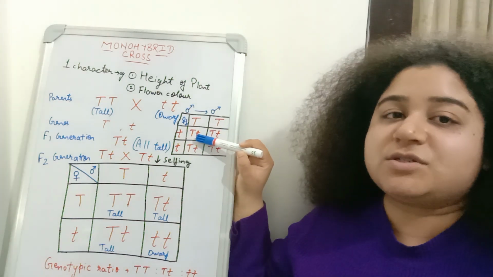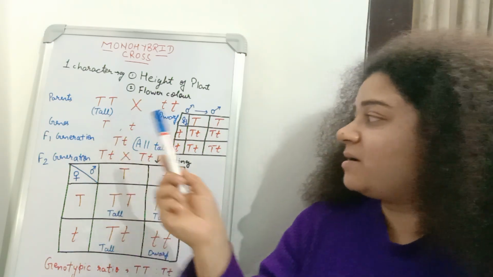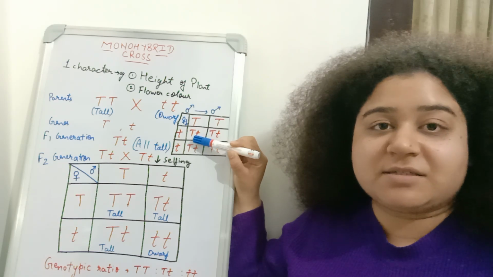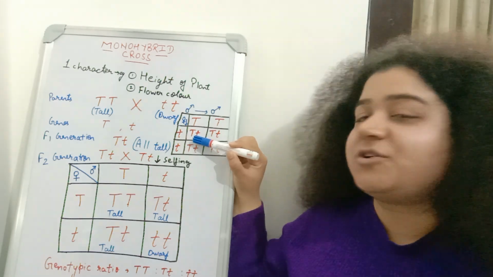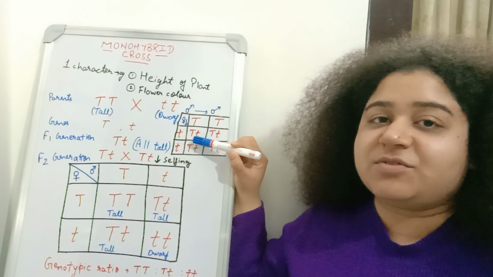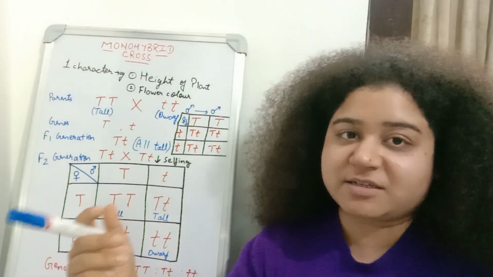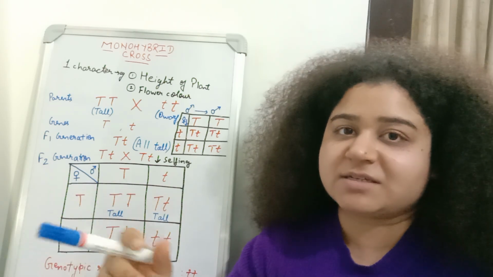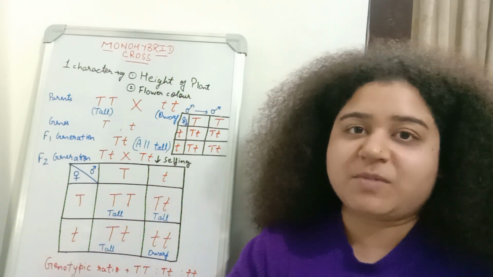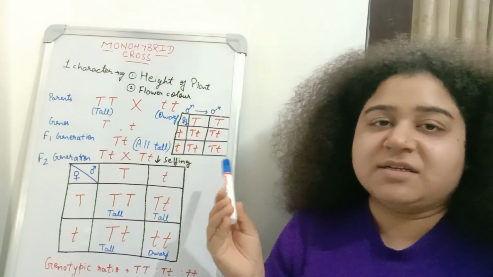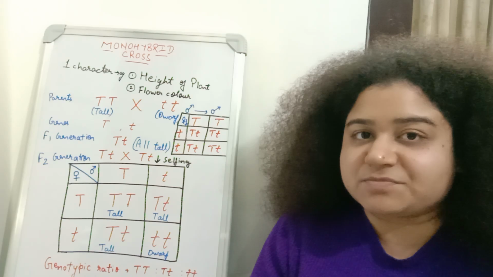This codes for the tall plant. Why? Because capital T is present, and capital T is for dominance. The character which is dominant in a gene, only that character is expressed in the phenotype of the plant or animal. And the other one, small t, shows the recessive character.